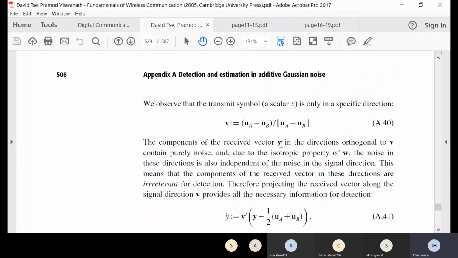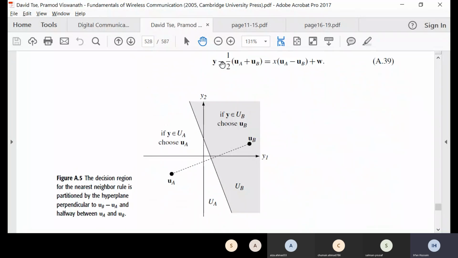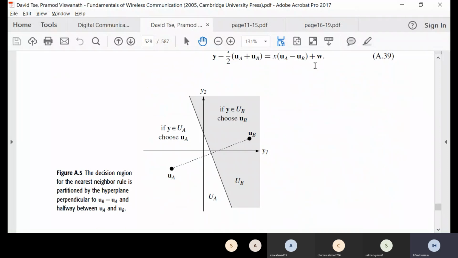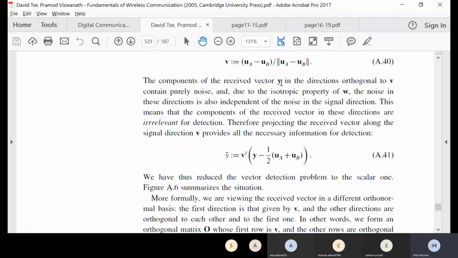The components of the received vector Y minus half UA plus UB, in the directions orthogonal to V, contain purely noise.